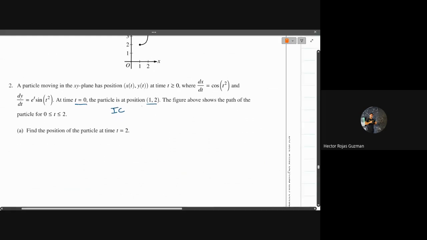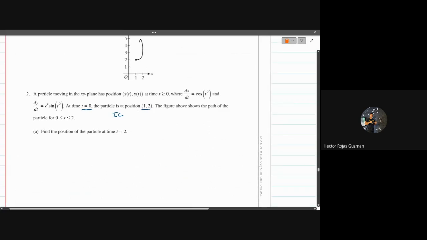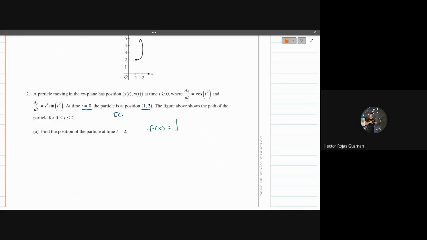Find the position. Since we're given velocity and we want to find the position, we're going to have to use the formula f of x equals the integral from a to x of f prime of t dt plus f of a, right, where we use our initial condition.